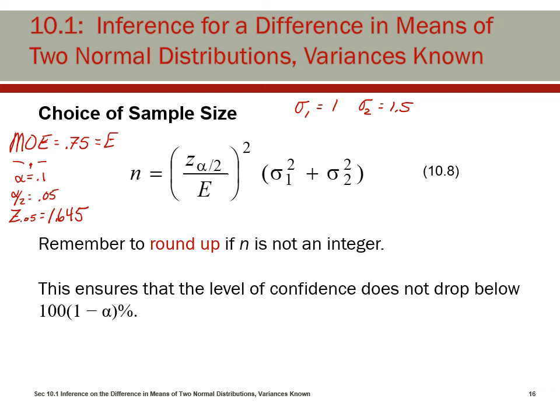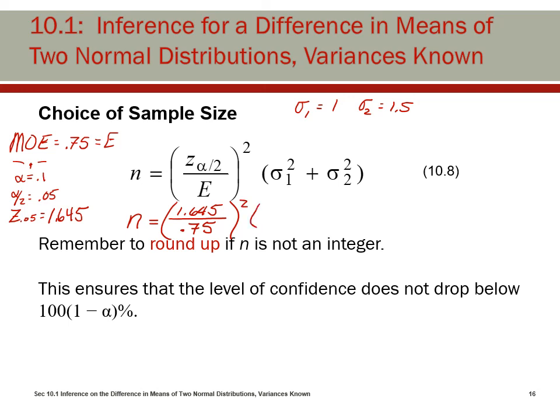So now let's plug all this in and see what sample size we would need to reduce the width of that confidence interval down to 1.5. Z alpha divided in half, we've got Z of 0.05 is 1.645 divided by the error, 1/2 the width of the confidence interval we want, and we're setting that at 0.75. We're going to divide and square that and then multiply by our variances.